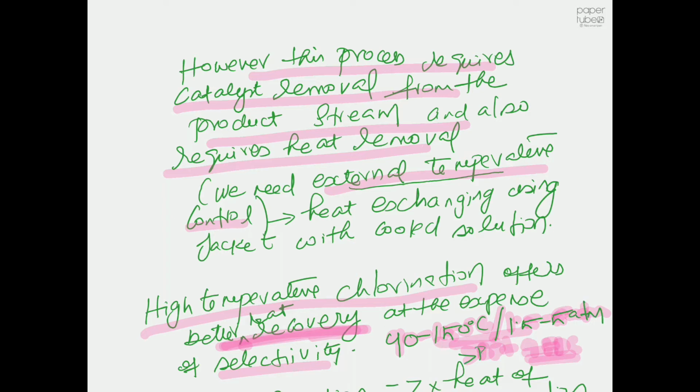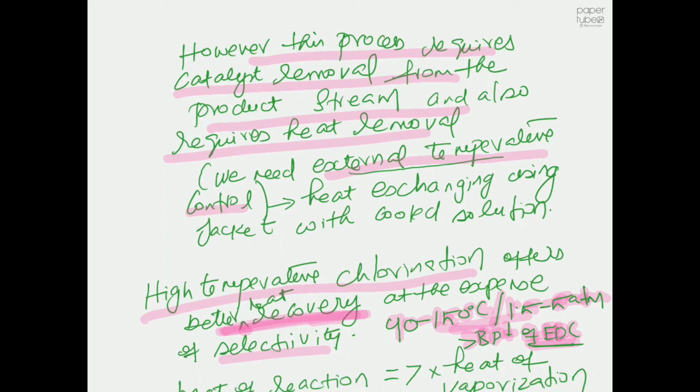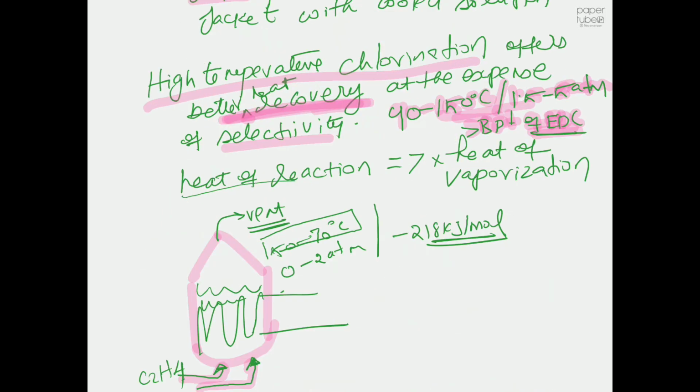This is above the boiling point of ethylene dichloride, which means your product stream will be in a gaseous state. And also the heat of reaction is 7 times greater than the heat of vaporization, so your product stream will definitely be in a gaseous state.